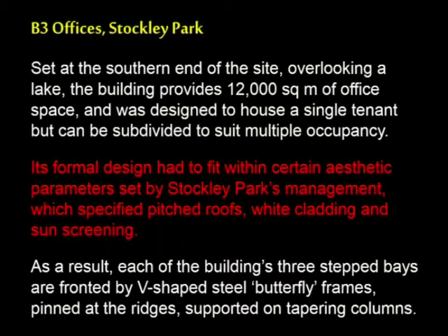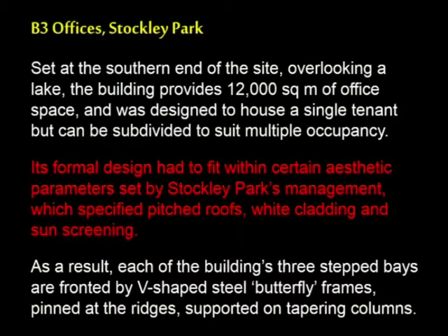The formal design had to fit within certain aesthetic parameters set by Stockley Park's management, which specified pitched roofs, white cladding, and sunscreening. As a result, each of the building's 3 stepped bays are fronted by V-shaped steel butterfly frames pinned at the ridges, supported on tapering columns.